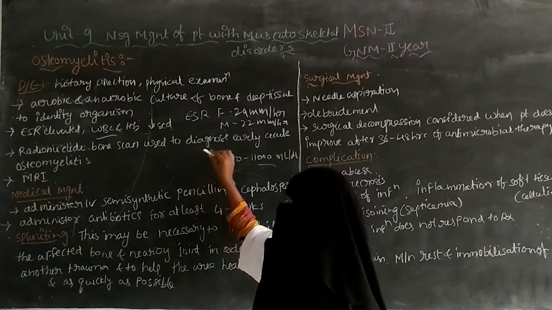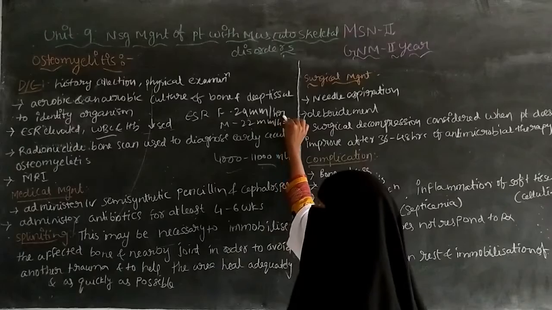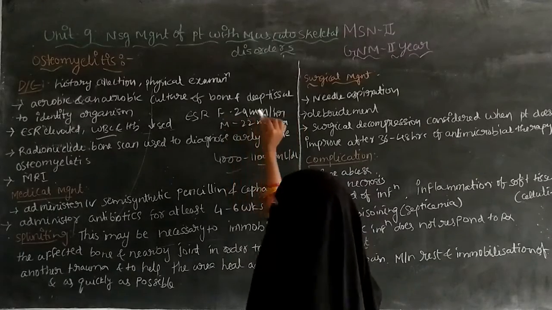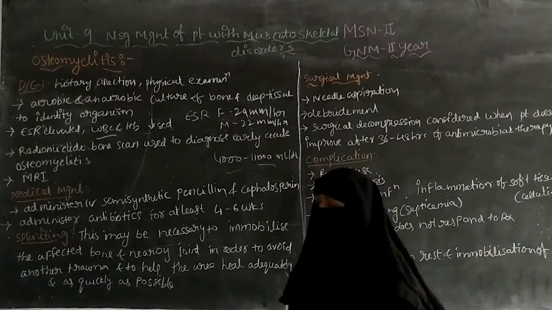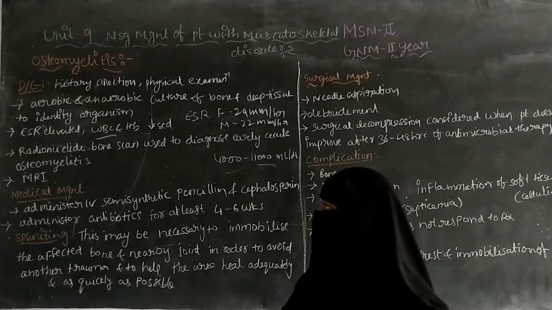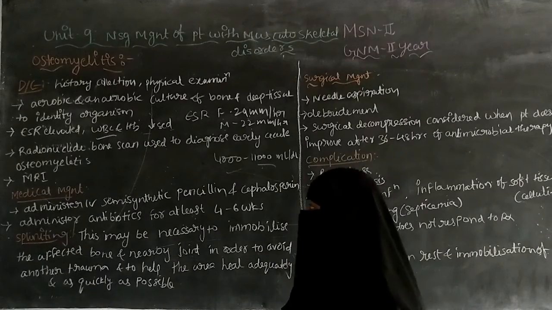The normal ESR is 29 mm per hour in females and 22 mm per hour in males, and the erythrocyte sedimentation rate can be increased.